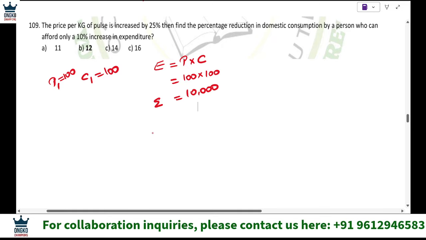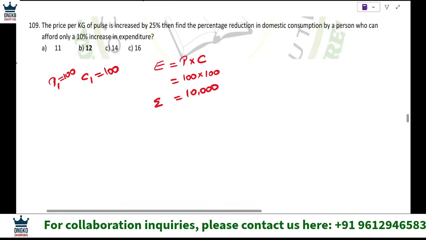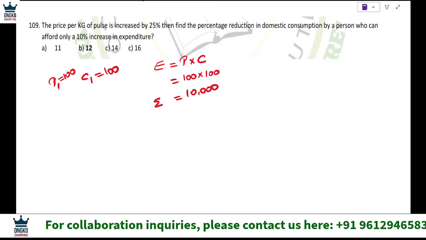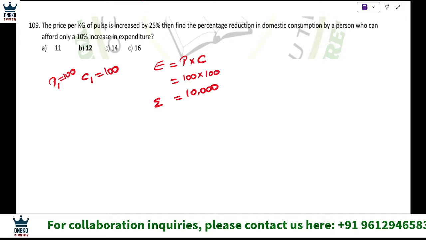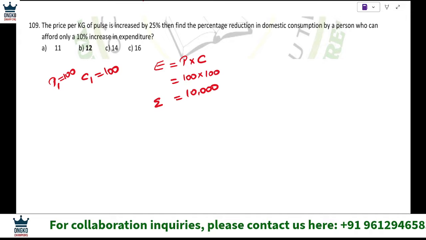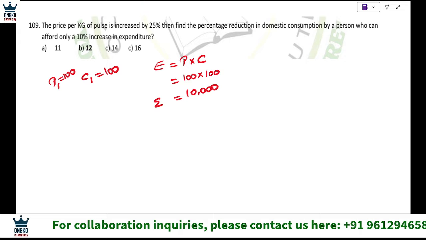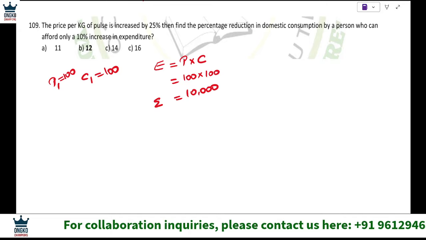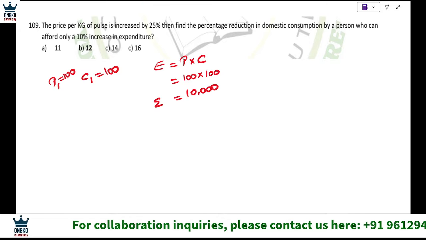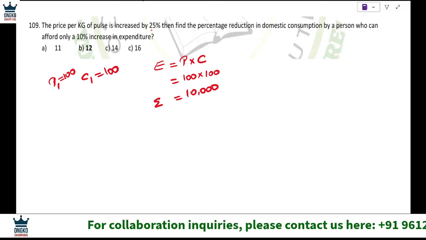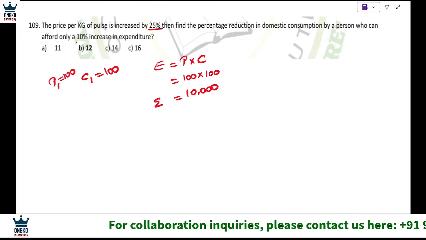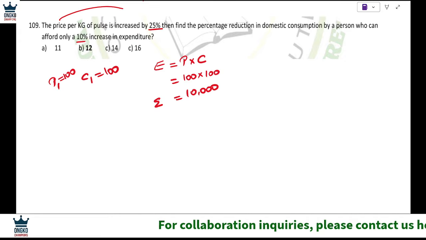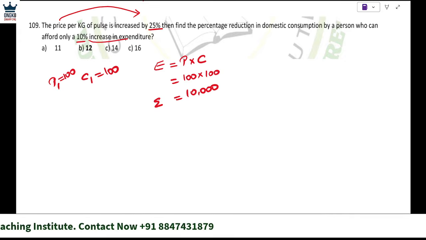Same thing, P1 is the first price and expenditure, and C1 is the first consumption. Now we have the price increased by 25% and the expenditure increased by 10%.